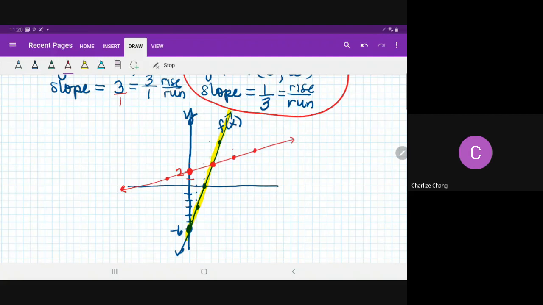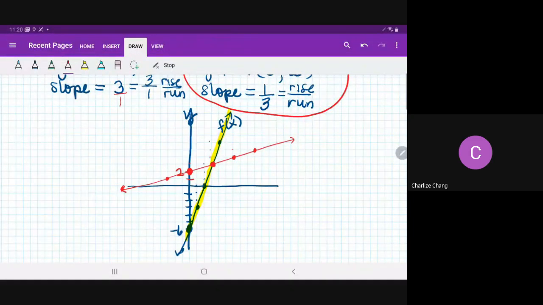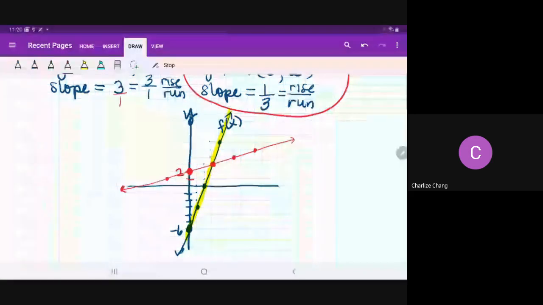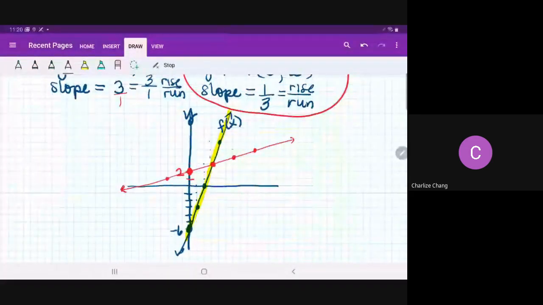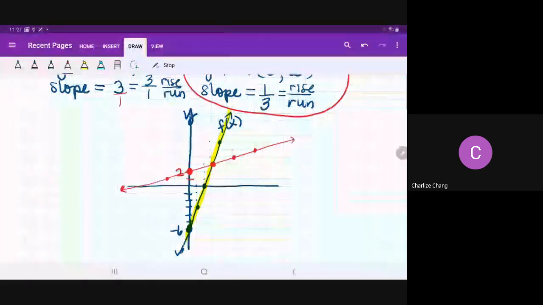Now, it's actually symmetric. Let's see if I can show you how it's symmetric. If you twist it like this, do you see how it kind of makes an X when you twist your paper?